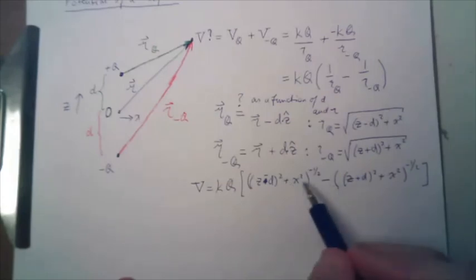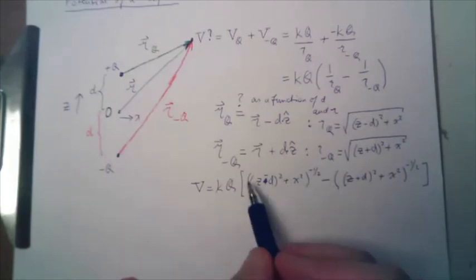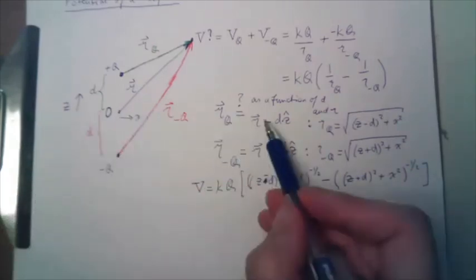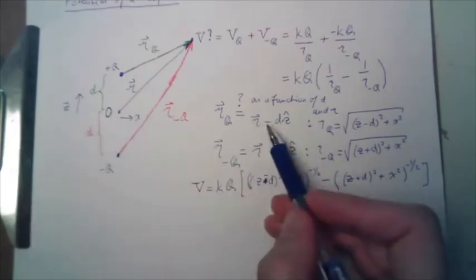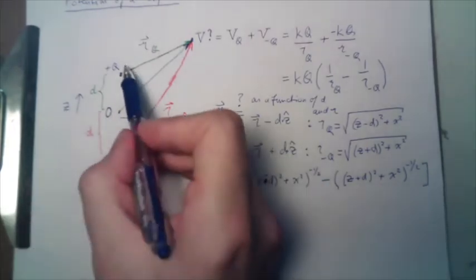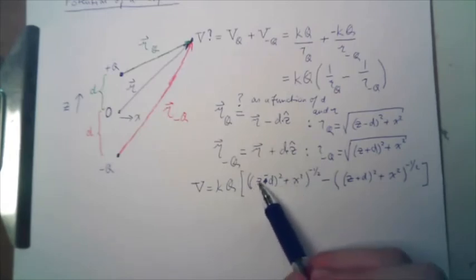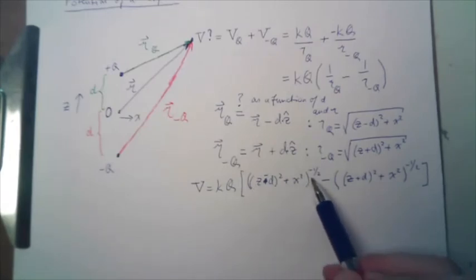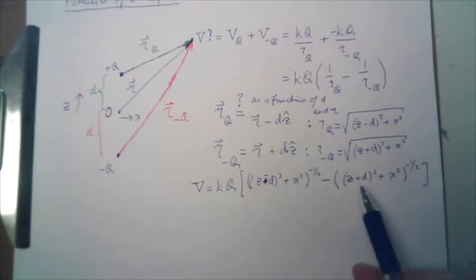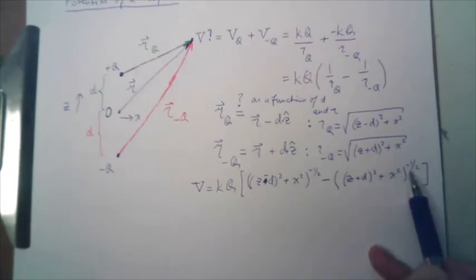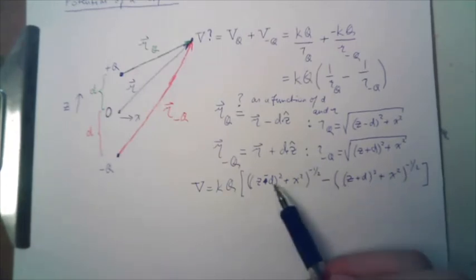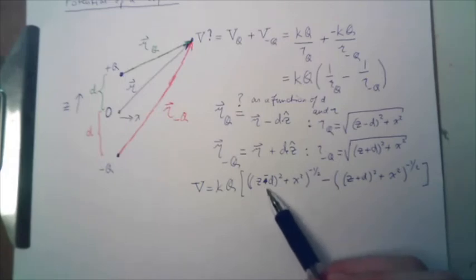You subtract two equal expressions, you're going to get 0. So in other words, the potential on this plane is 0. The potential over here, when x goes to 0, is going to be the square root of (Z minus D) squared, inverted, and the square root of (Z plus D) squared, inverted. So it's a simple subtraction of 1 over (Z plus D) and 1 over (Z minus D) terms.